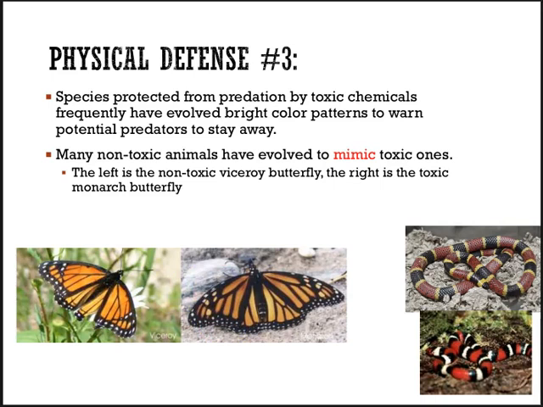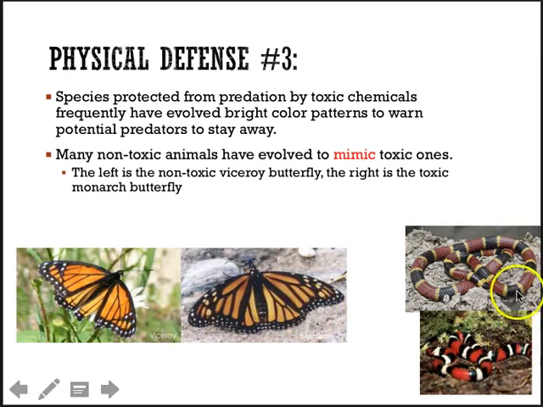If you're a bird and you try to eat a monarch butterfly and it tastes terrible and bitter and you spit it out, and you might even end up vomiting because it's so bad, and if you happen to see a viceroy next, you are not going to be eating that viceroy because you'll have this bad memory of eating the monarch. So that's what mimicry is.